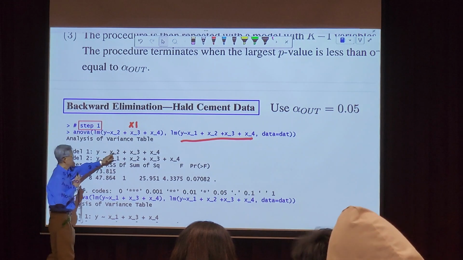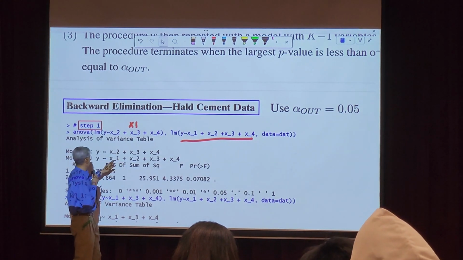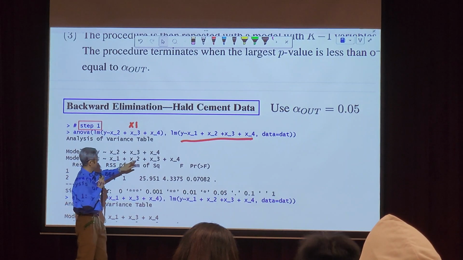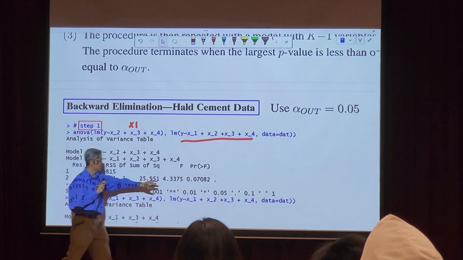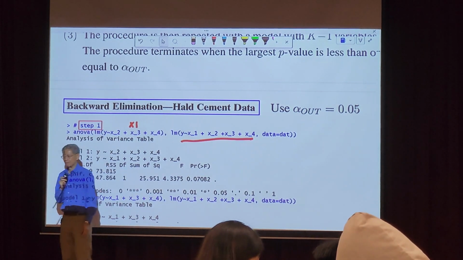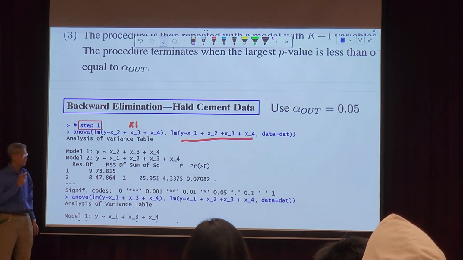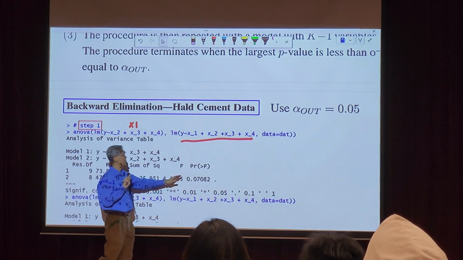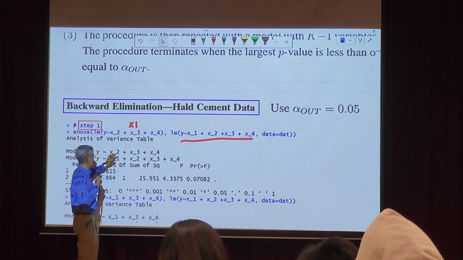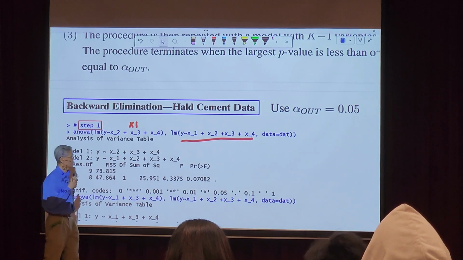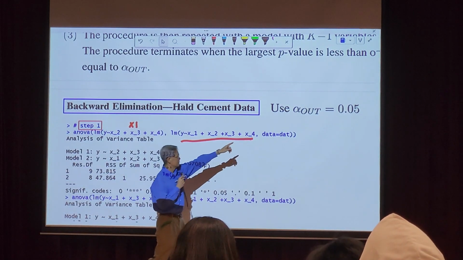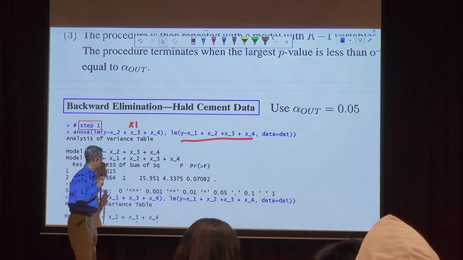See this, x2, x3, x4. The full model is x1, x2, x3, x4. So the contribution of x1 is reflected here. If this p-value is small, then x1 definitely has a significant contribution. And alpha out is 0.05.